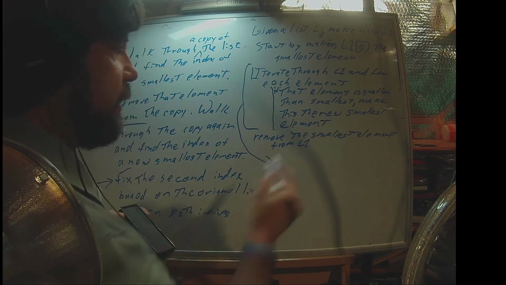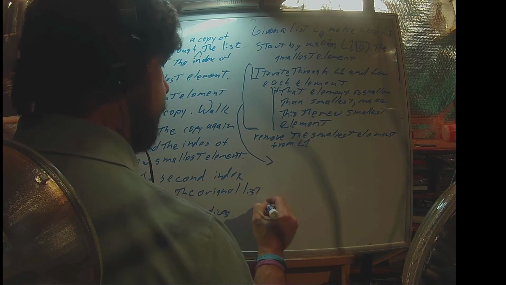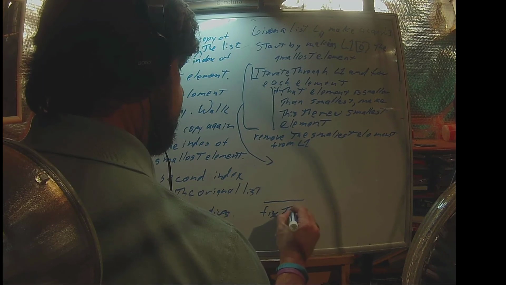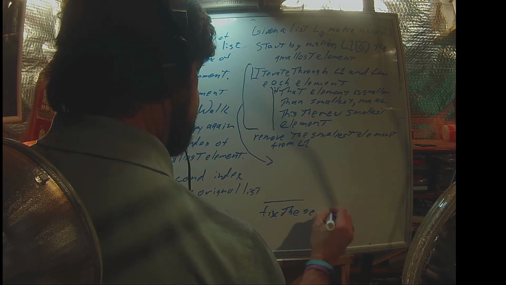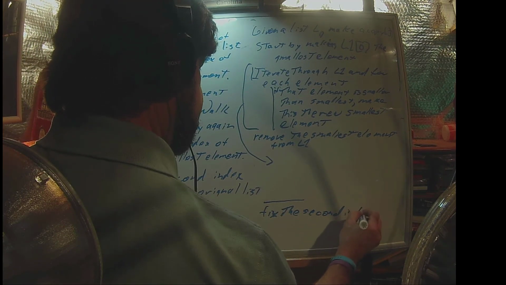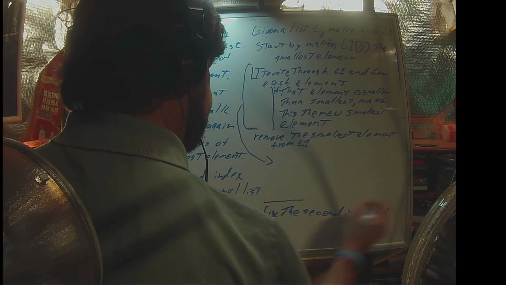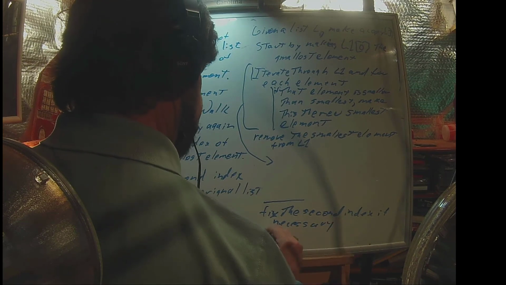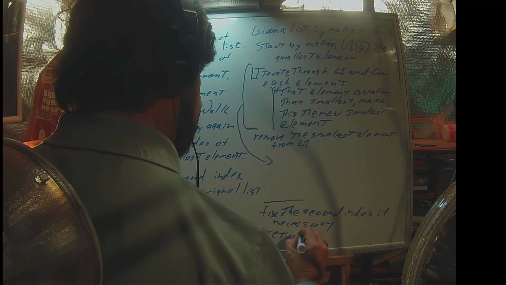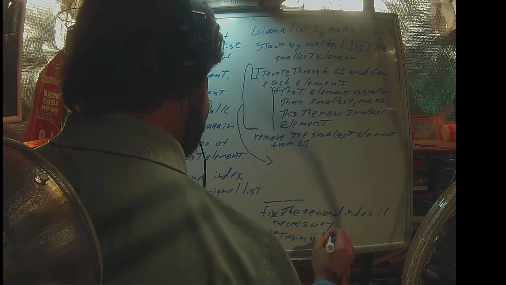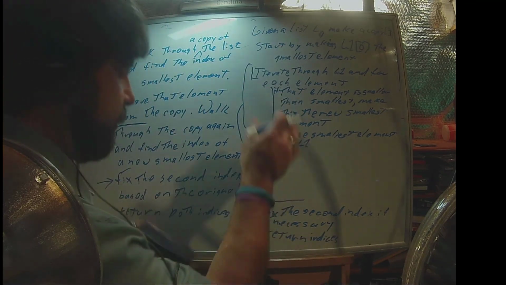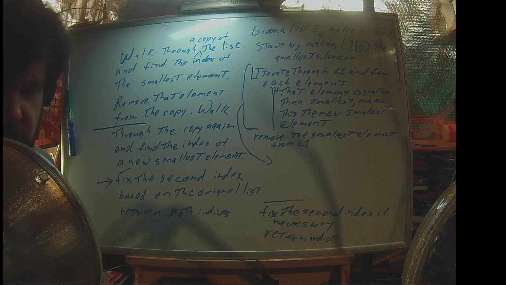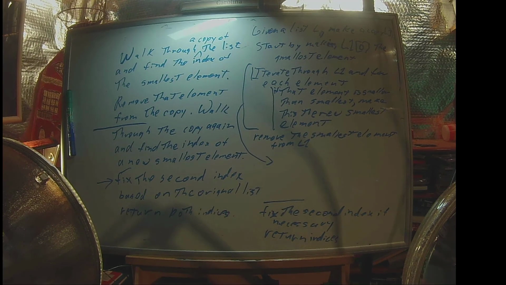Do it again on the modified list, and then at the bottom of that, fix the second index if necessary, and then return the indices. Okay, so this is a little bit more refined. And we can actually take this and write a program based on it.